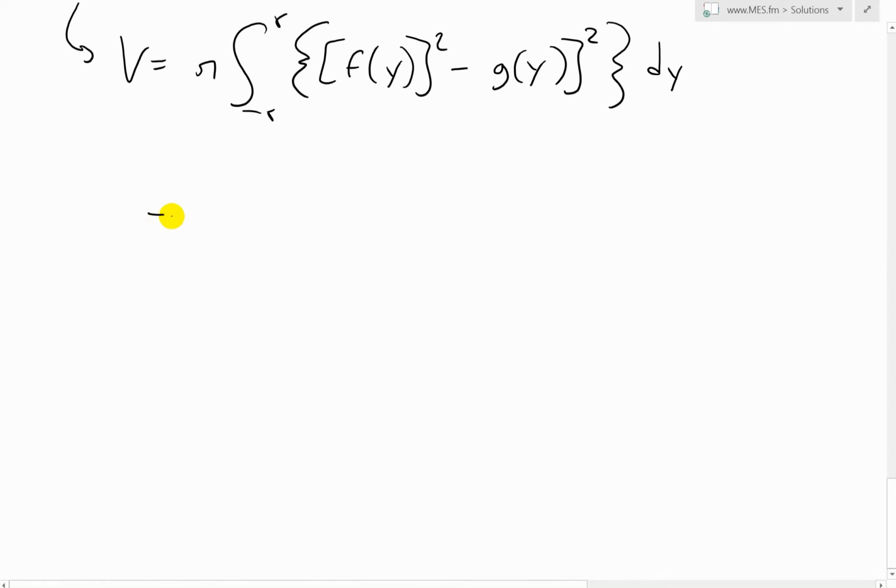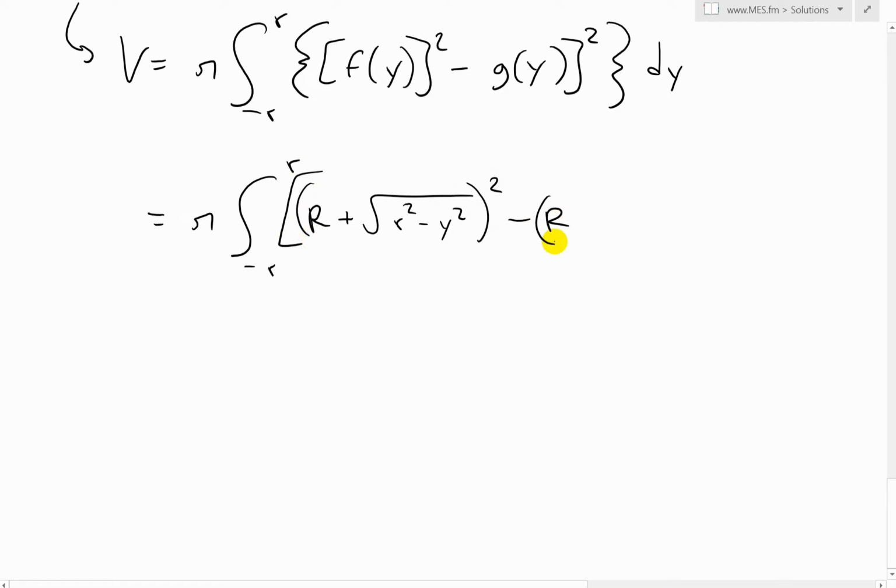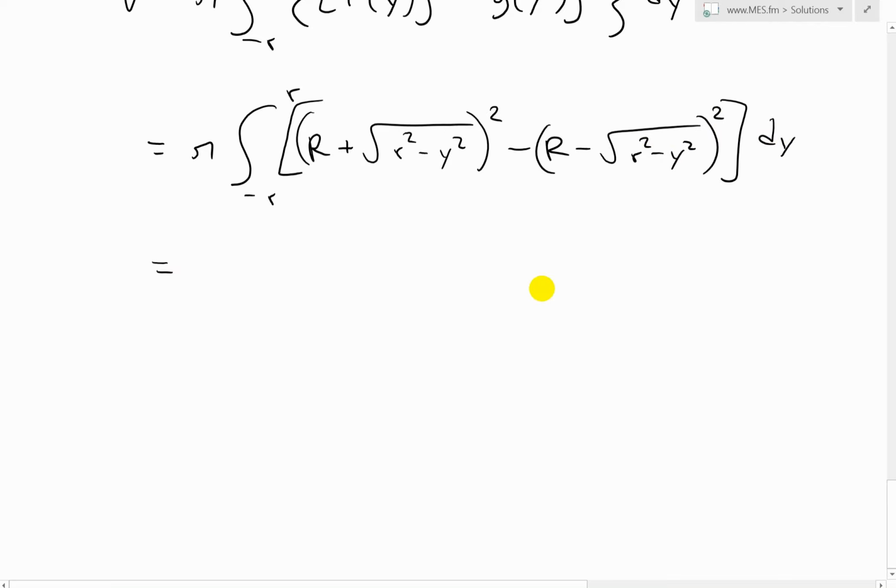So what we end up getting is pi times the integral from negative r to r of r plus square root r squared minus y squared, all squared, minus r minus square root r squared minus y squared, all squared, dy. Now we have to evaluate this further.